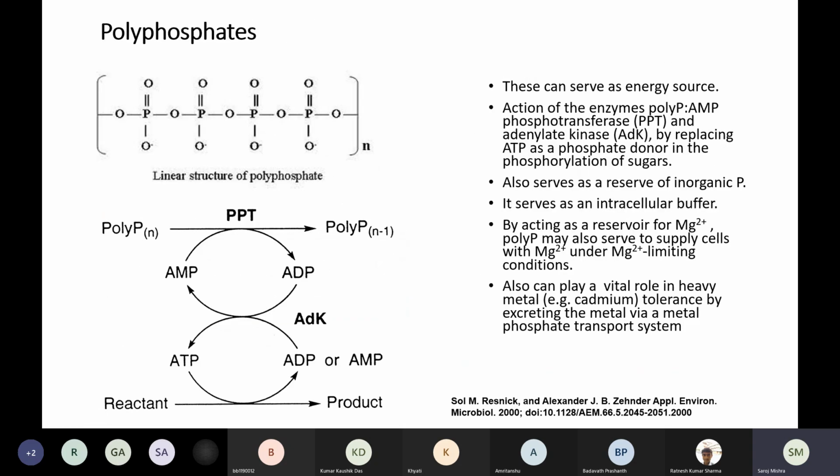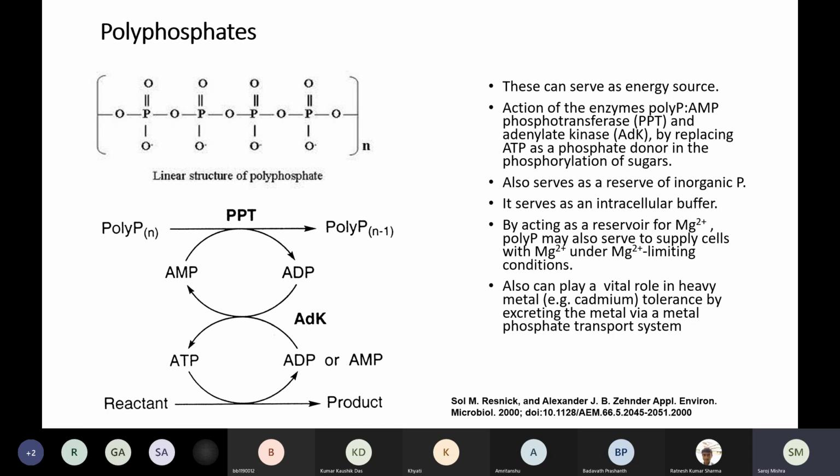Now the next thing, we want to look at how polyphosphates are made inside the cell, and this slide will explain it. These molecules are called polyphosphates. As the name suggests, you have multiple phosphate groups linked together by an ether linkage between phosphates, right here. So several phosphates are connected to each other by way of an ether linkage, and the resulting molecule is called polyphosphate.